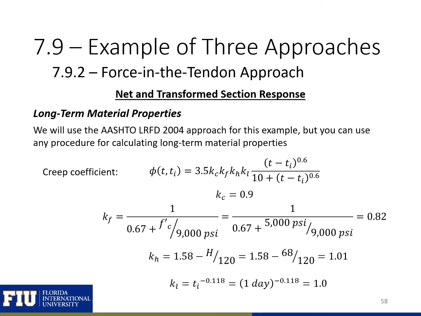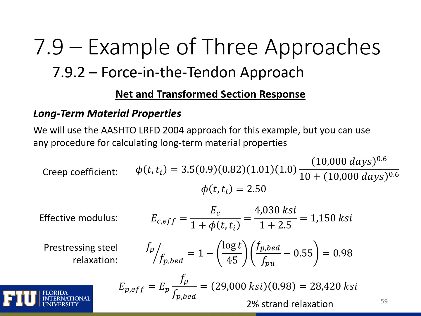We can use these values with the AASHTO LRFD 2004 approach to calculate our creep coefficient. With this we need to calculate some different K factors, which I show you how to find here. Plugging in all of our known values, we can calculate our creep coefficient to be 2.5.